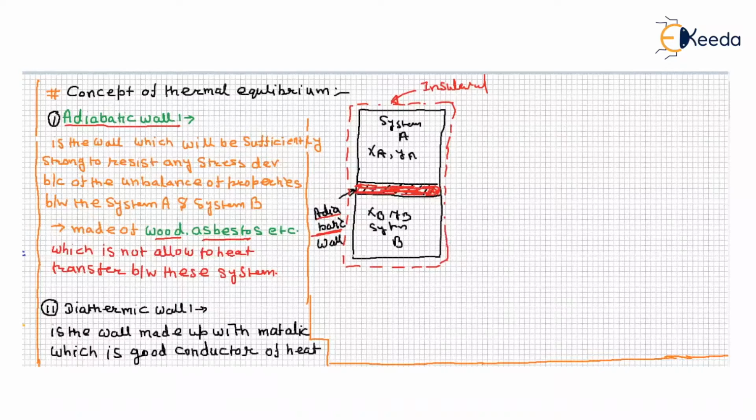That means if there is an unbalance of property, due to the unbalance there must be a heat flow, but the adiabatic wall connected between the two systems doesn't allow it. Why would the heat flow? Because of the unbalance of property, right?